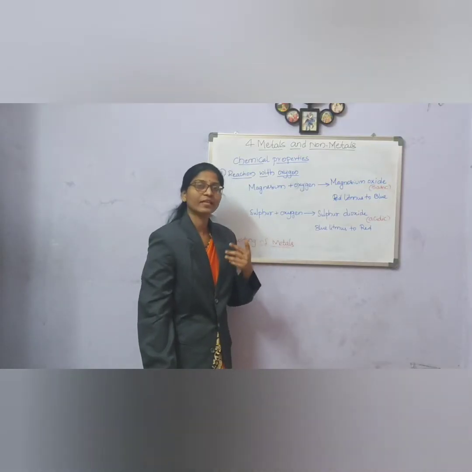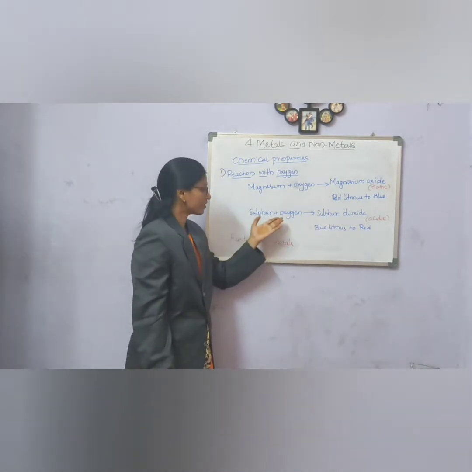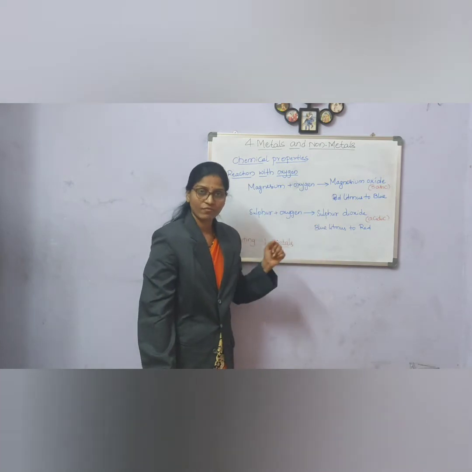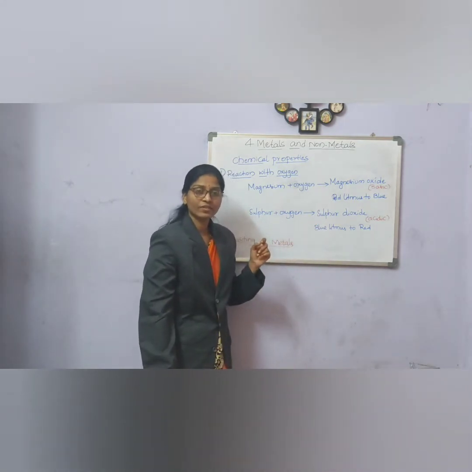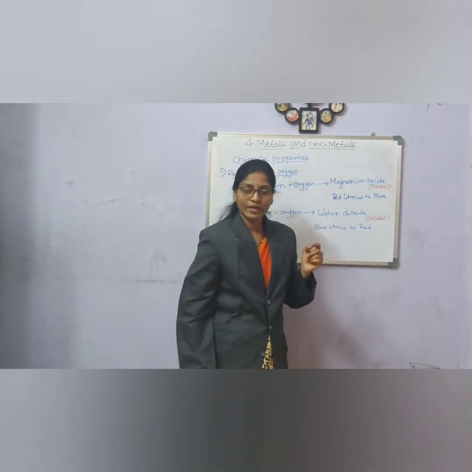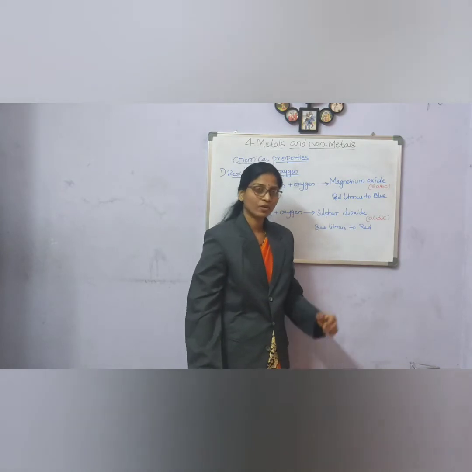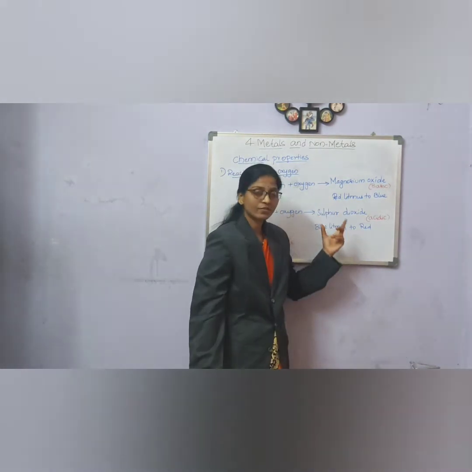Next, we will take a non-metal, that is sulfur. When it reacts with oxygen, it gives sulfur dioxide. When we test this sulfur dioxide with the blue litmus paper, it turns red in color. So depending upon the reaction with oxygen, we can test the oxides formed.